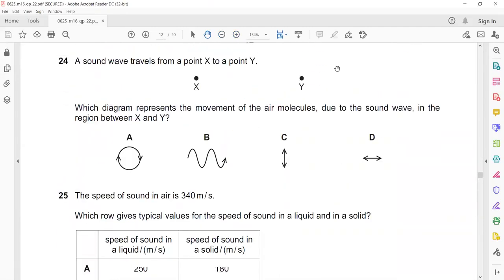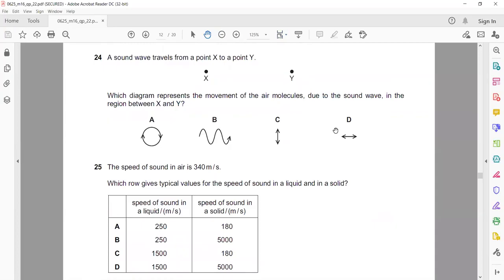Question 24. Sound waves travel from point X to Y. How will the vibration of the particle occur between X and Y? Sound waves are longitudinal, so the particle vibrates parallel to the direction of the wave.